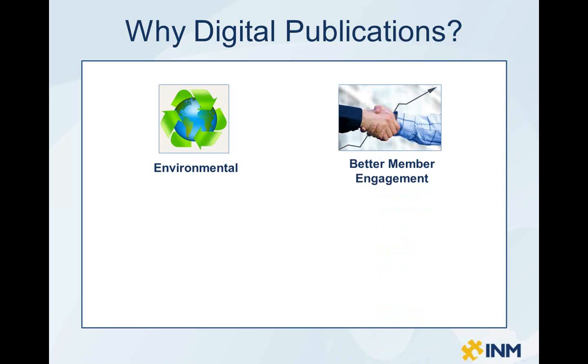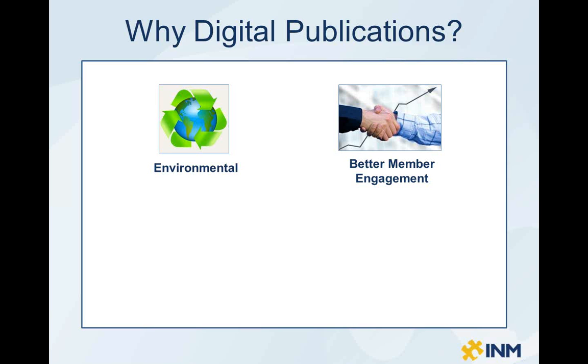The next is better membership engagement. By leveraging a digital publishing platform, there's faster access to content, and it's been proven that readers of digital editions are more engaged. They read issues more often, they spend more time with each publication, and they'll act on more items within the content, whether it be ads, hyperlinks, and so forth.